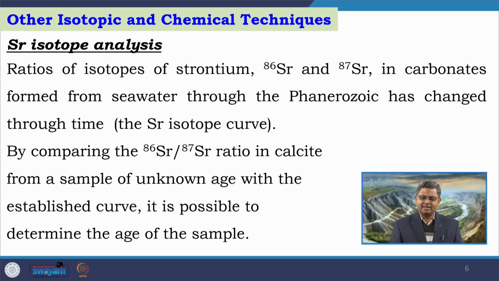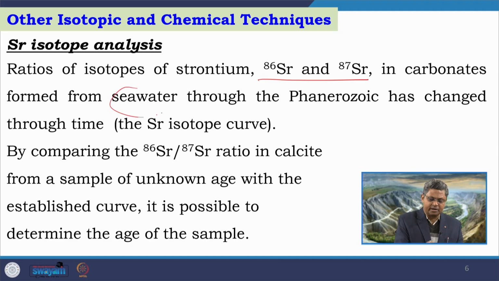In this case the strontium isotope ratio, that is 86Sr by 87Sr, gets preserved in carbonate rocks. When carbonates precipitate from seawater, the strontium isotopes get trapped as per the ratio of these two isotopes present in the ocean at that particular time.